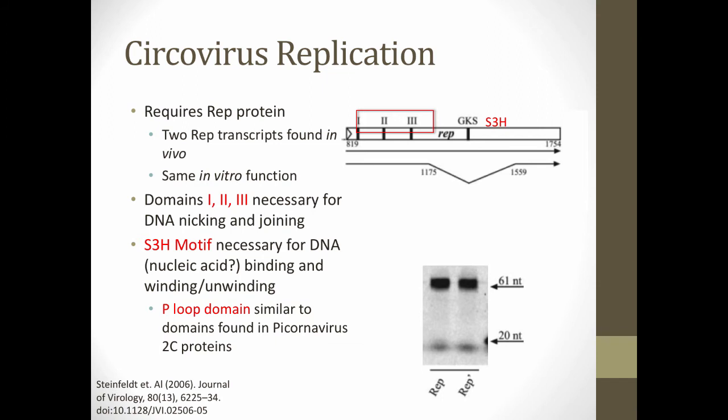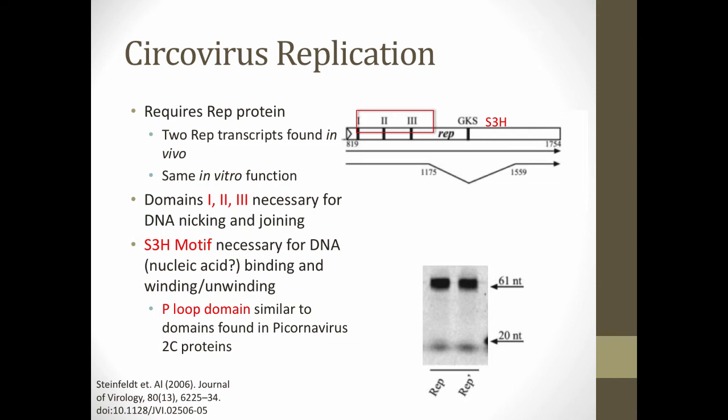But both of these rep transcripts seem to have the same function, and that function is simply DNA nicking at an origin. Cellular polymerases come along, replicate, and then this rep protein joins or completes DNA replication of the viral genome.